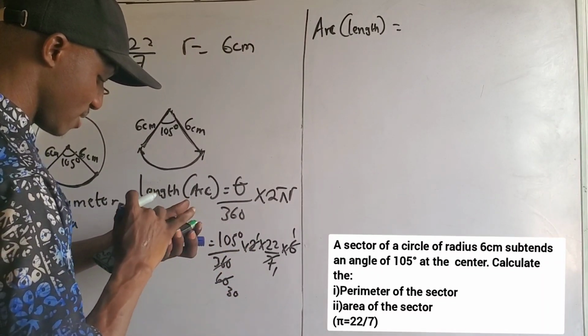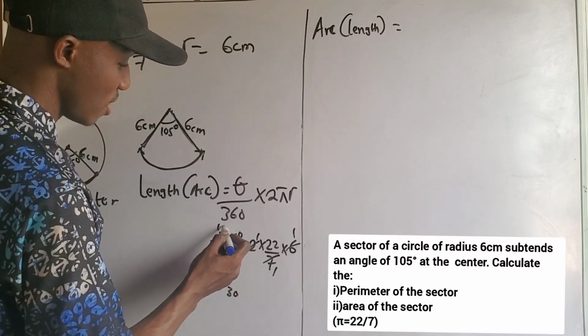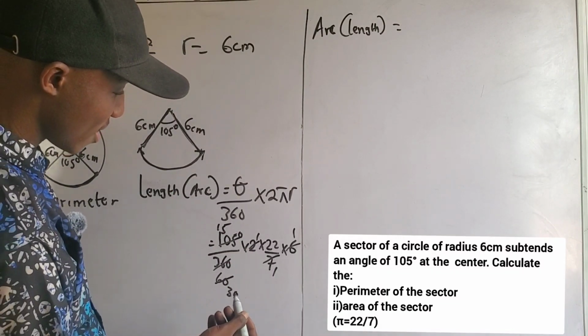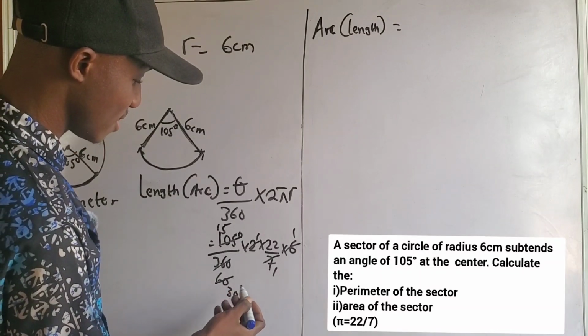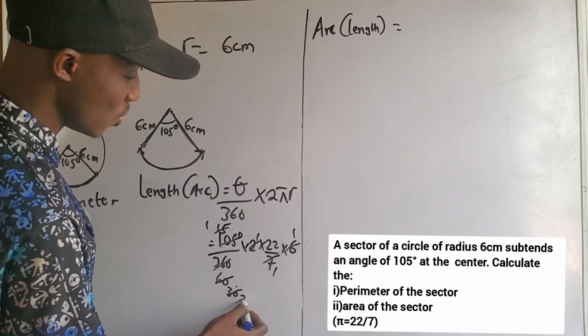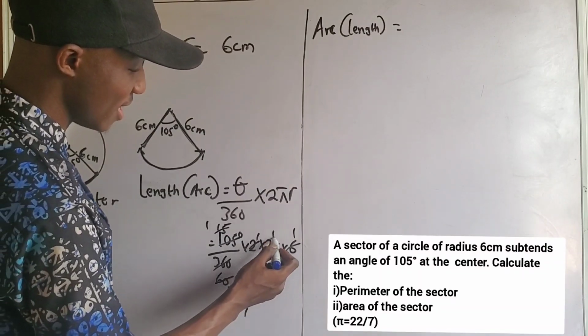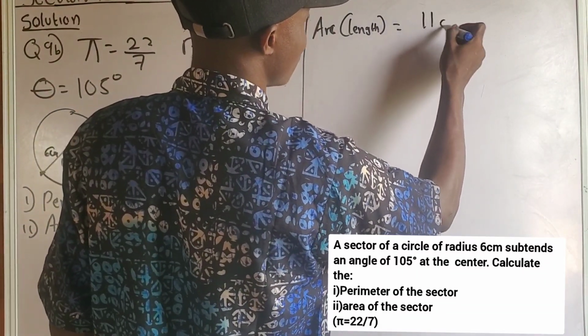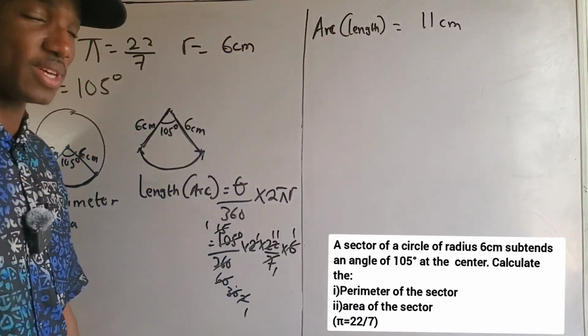Let me check. Yes, 15. So I'm going to have 15 here. 15 here 1, 15 here 2. 2 here 1, 2 here 11. So I'm going to have 11 all over 1, 11 centimeters. That is the length of the arc.